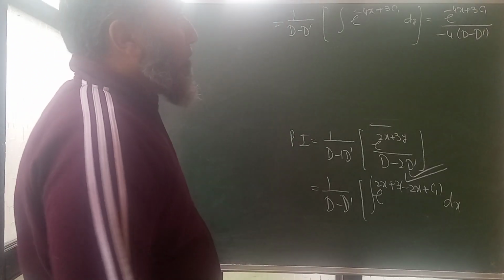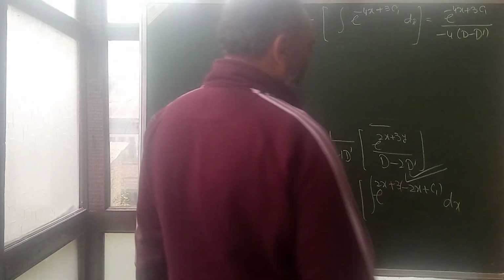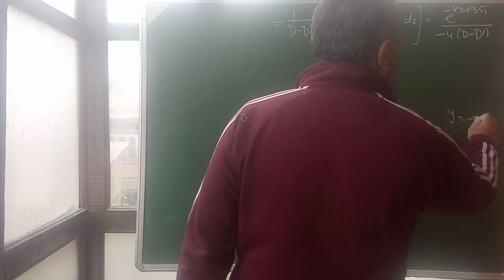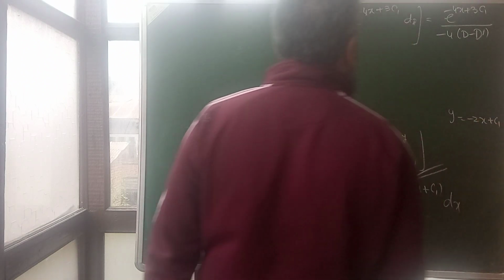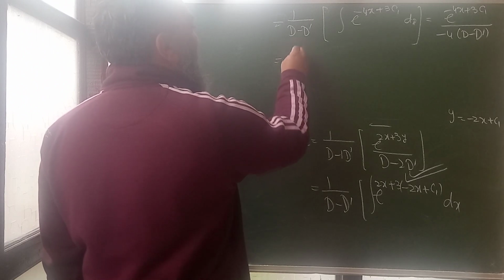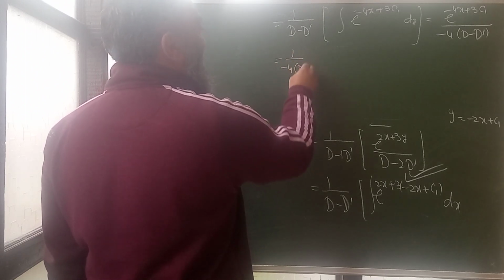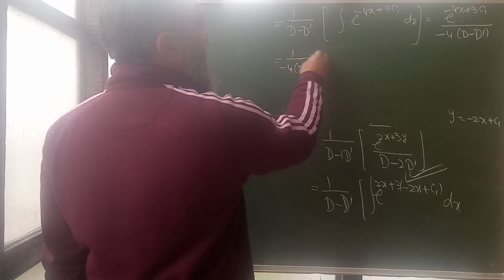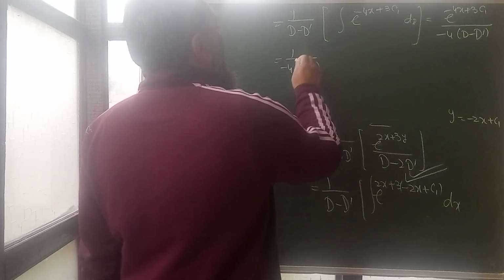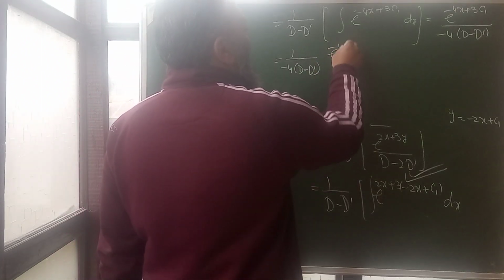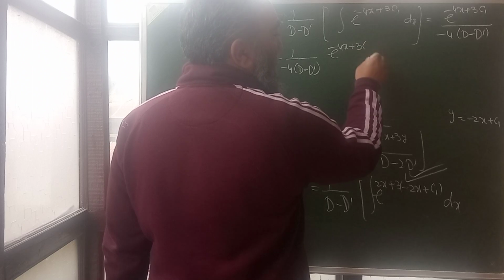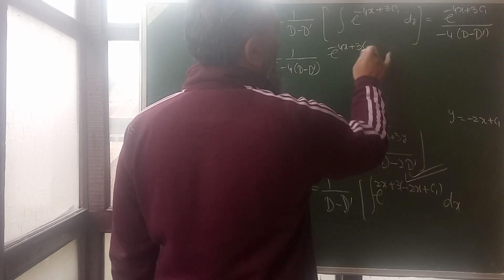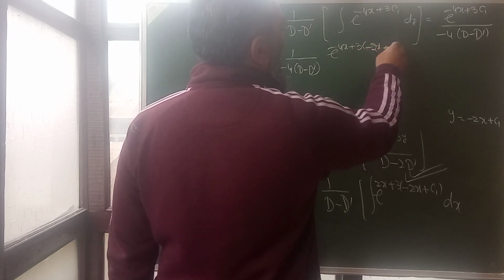And now replace c1. I was having y equal to minus 2x plus c1. So replace c1. This is 1 upon minus 4, d minus d dash, e to the power minus 4x plus 3c1. What is c1? Minus 2x plus c1.